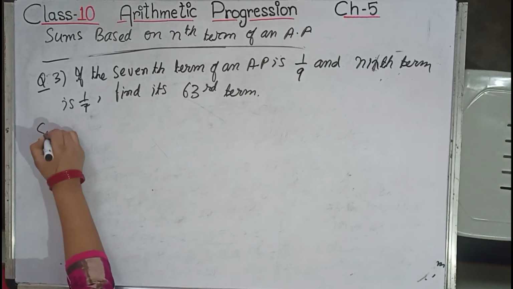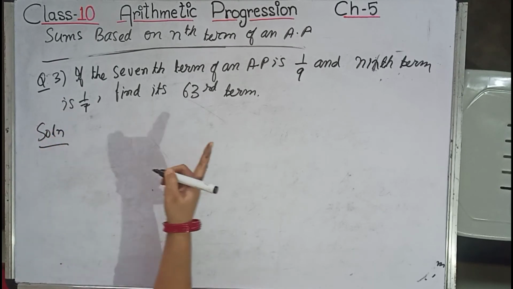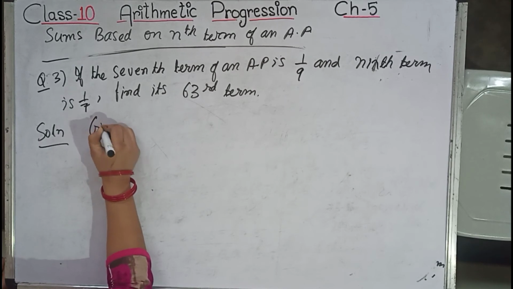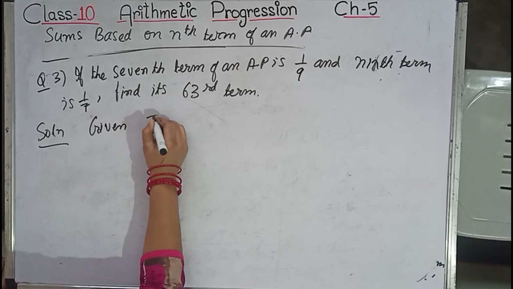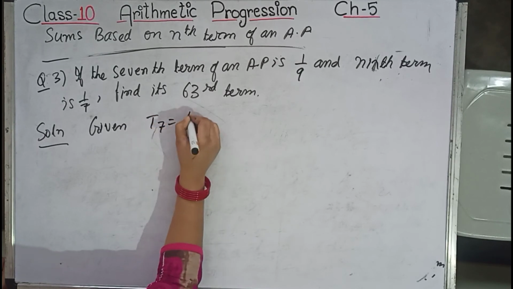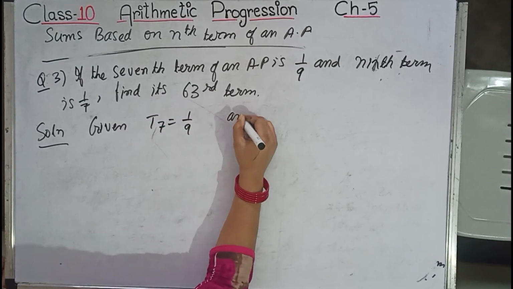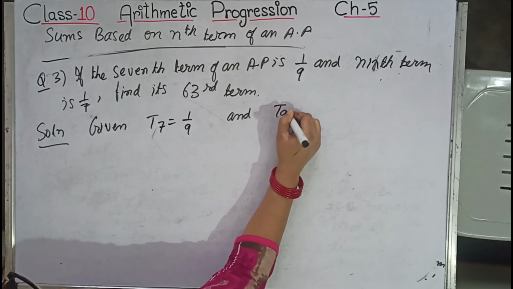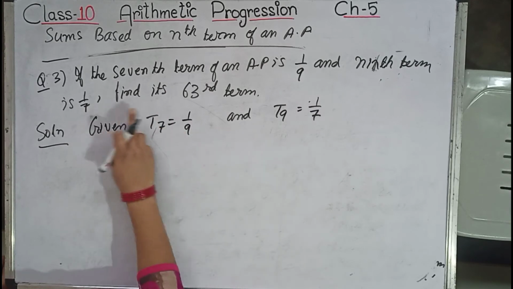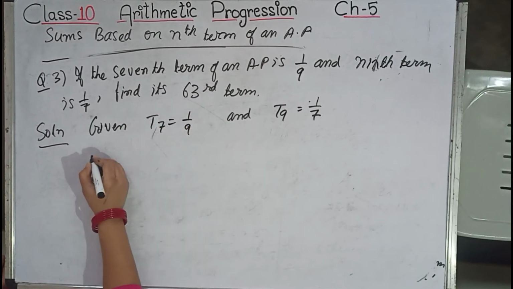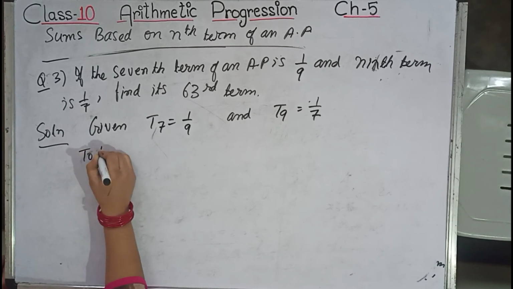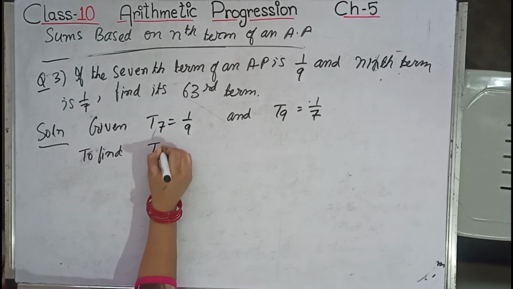So the seventh term is 1 by 9. So given T7 equals 1 by 9 and T9, the ninth term, is 1 by 7. What we have to find is the 63rd term. Now this implies, you can write over here, to find T63.